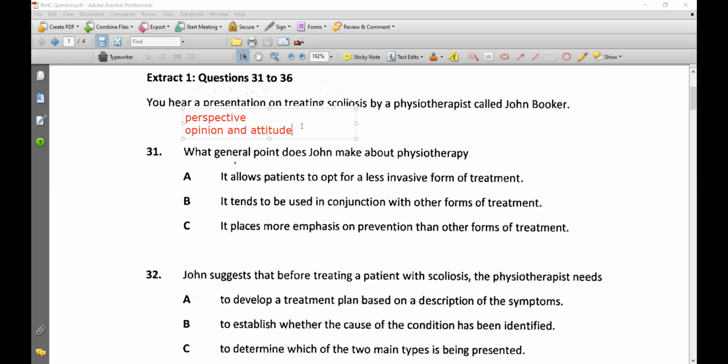But basically, these are not the concrete facts. It is something that is still being debated, something that is still being researched. So that is one thing you always have to keep in mind. Now, just reading questions before the audio starts is not adequate. Reading questions will give you a tentative framework.